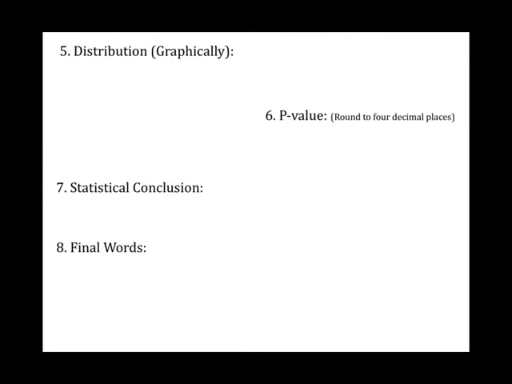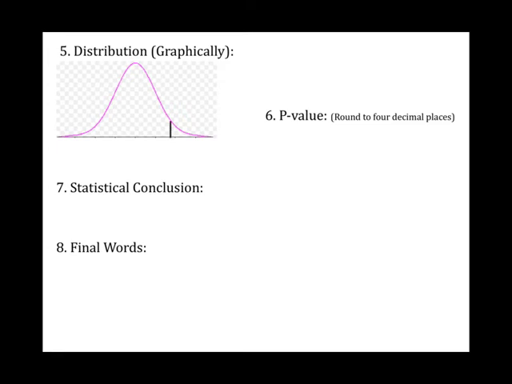Okay, distribution. So we are working on the p-value method. We have the normal distribution with the right tail. And the area of the right tail will be equal to your p-value. So we're gonna use the test statistic to find out the p-value. And this is a t-distribution, so we're gonna use the t-CDF.